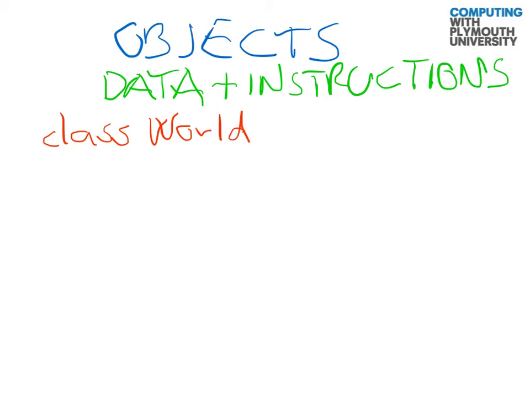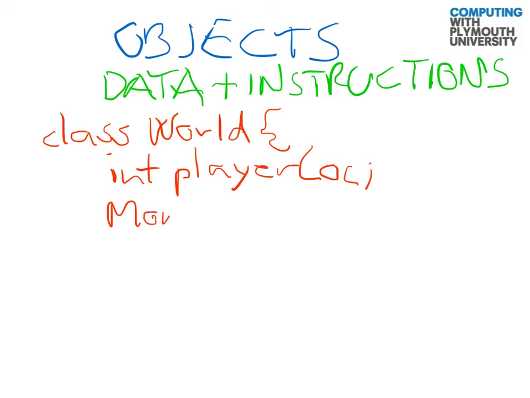I'm going to call it World this time, and then we have an open bracket to indicate what the content of this type is going to be, and to our World class we're going to add some data, so it's going to have an integer variable, and that's going to be called playerLoc for the location of the player, and then we're going to have also a list of monsters.